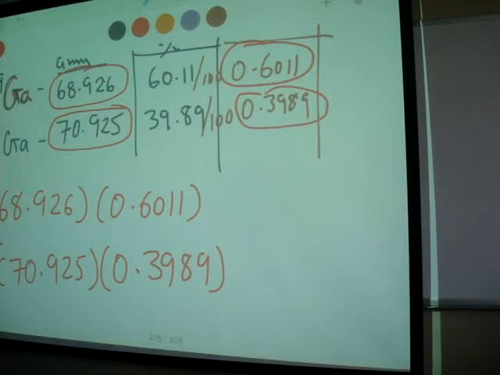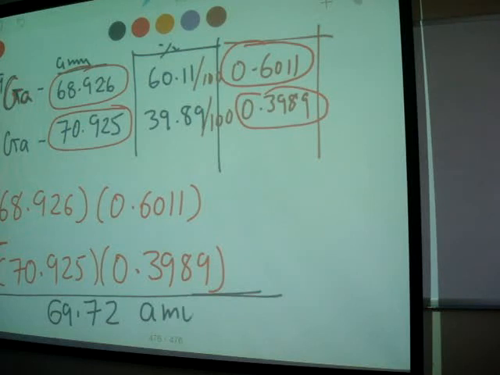Remember, we are adding those together. And when you calculate and add those together, let me place the equal sign here, you get 69.72 AMU. So that's the average atomic mass of gallium. You calculate weighted averages of these isotopes.